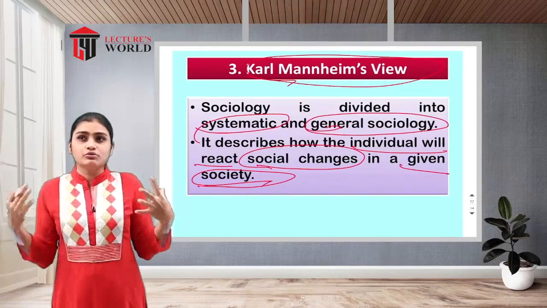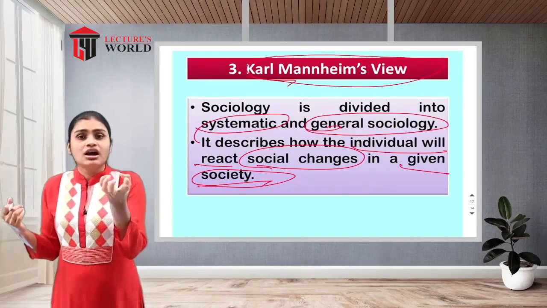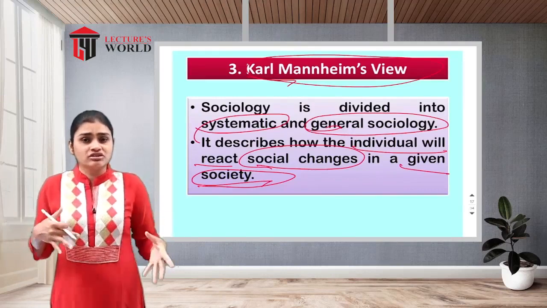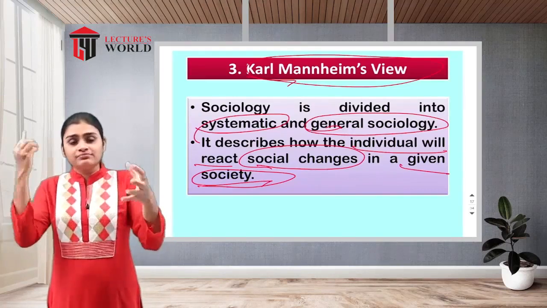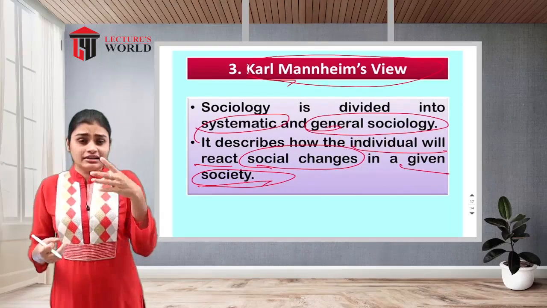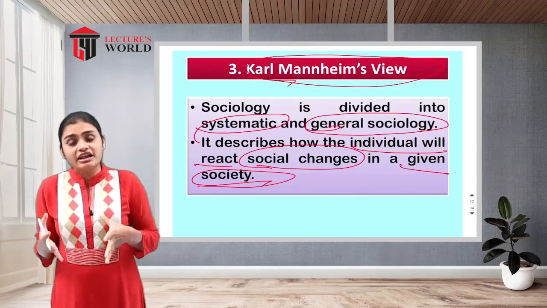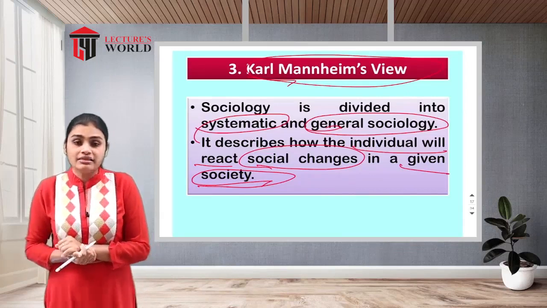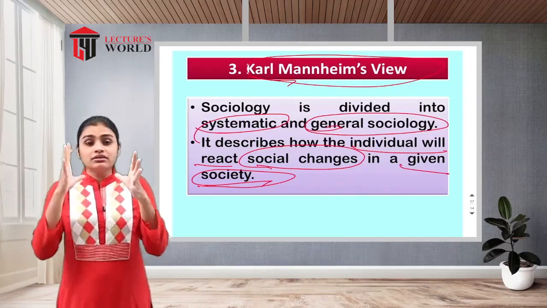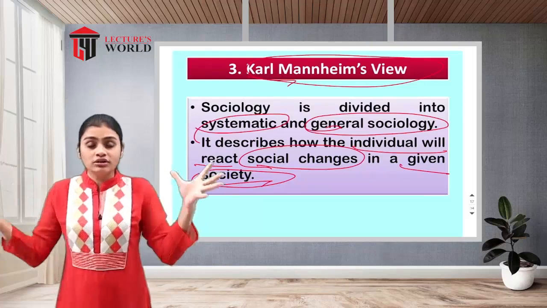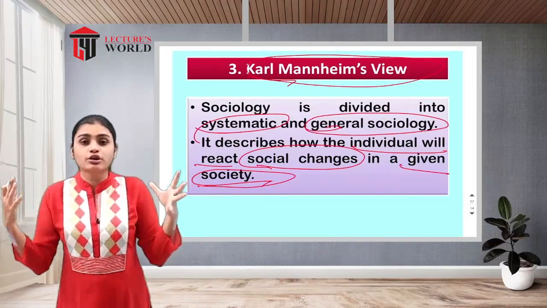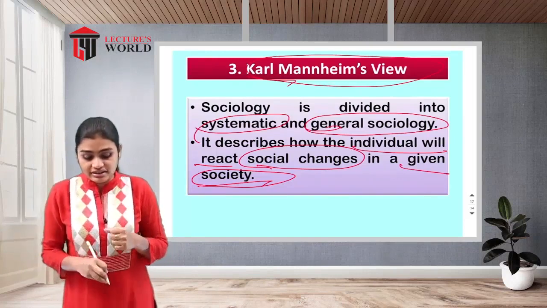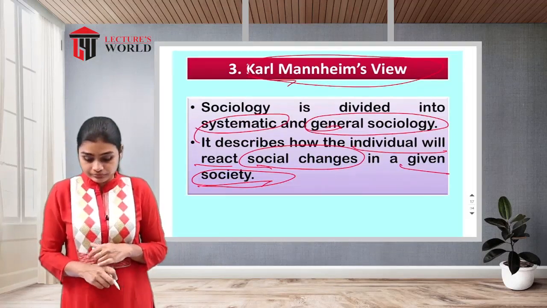For example, social change like empowerment or migration, or natural calamities like earthquakes. How are the individuals behaving in that type of situation? What is the response of the whole society or a whole group in some circumstances? That was studied by Karl Mannheim's view.